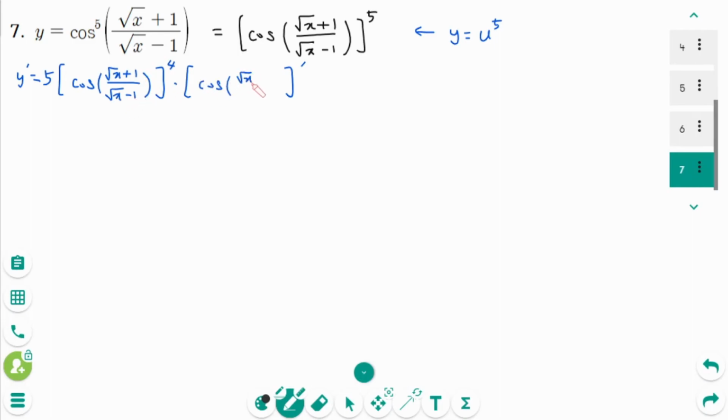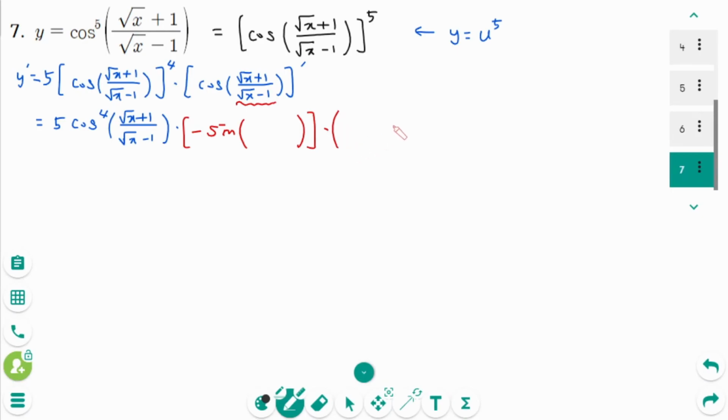Cosine square root of x plus 1 over square root of x minus 1 equals 5 cosine to the power of 4 square root of x plus 1 over square root of x minus 1 times, now u equals this one, then cosine u prime is minus sine u, then times u prime.